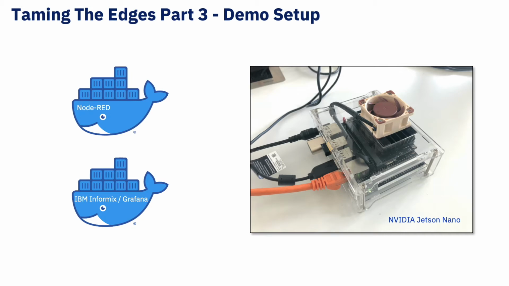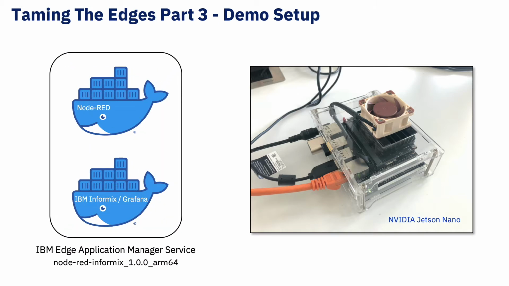I'm then creating out of those two existing containers, which I also have registered as two separate services with the Edge Application Manager as standalone services, a kind of meta service by creating a service, in this case called Node-RED Informix.